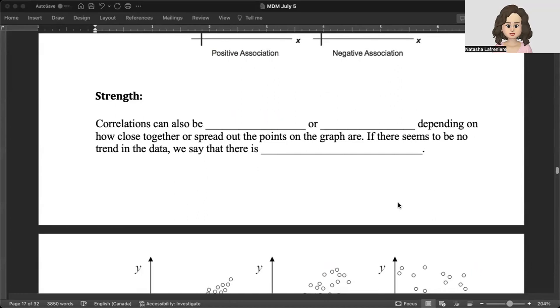Your strength is where we see strong, weak, no correlation, moderate. Your correlation can be strong or weak, depending on how close or spread out the points on the graph are. If there seems to be no trend in the data, we say that there is no correlation.